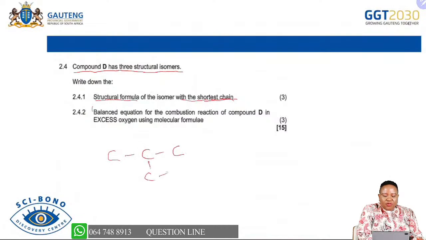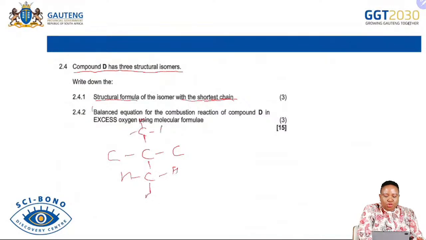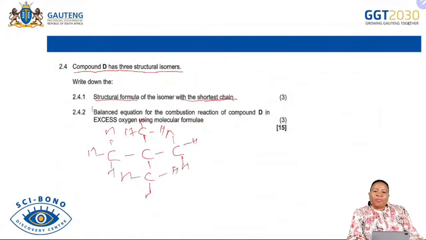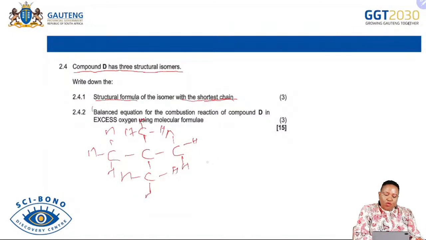Because it's 5, it means it will be reduced up to 3. So you will see that you're going to have 2,2-dimethylpropane as your shortest, because 2-methylbutane will be the second one, but the shortest is going to be this one, 2,2-dimethylpropane.